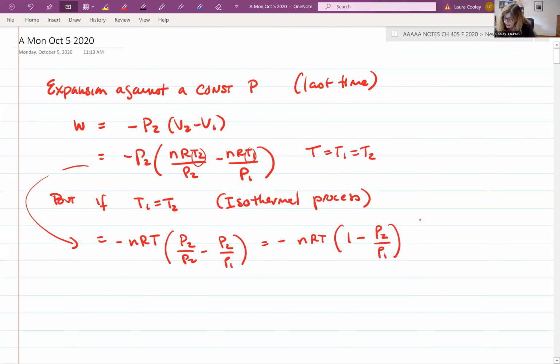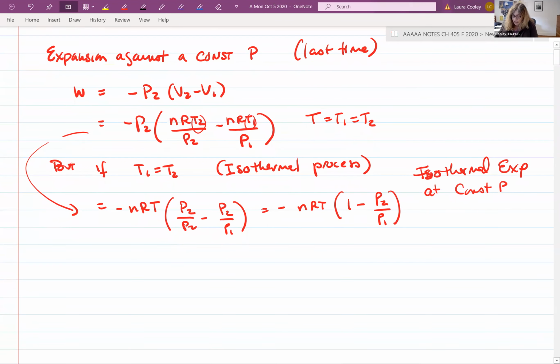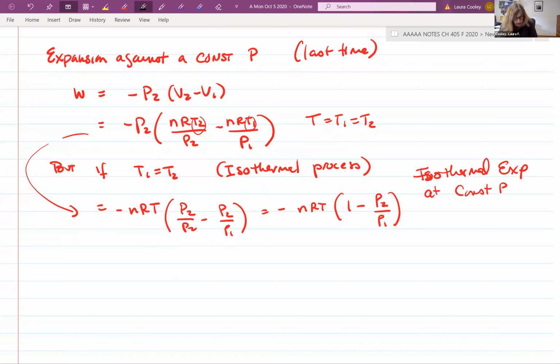This is for a constant pressure expansion, isothermal. A lot of times I would call it an isothermal expansion at a constant pressure. That's more along the lines of what I would usually call it.